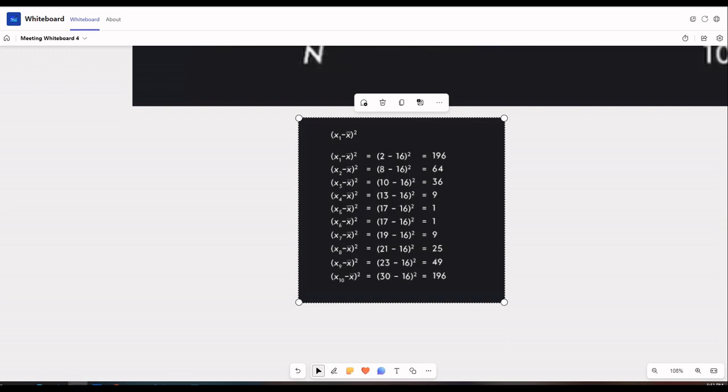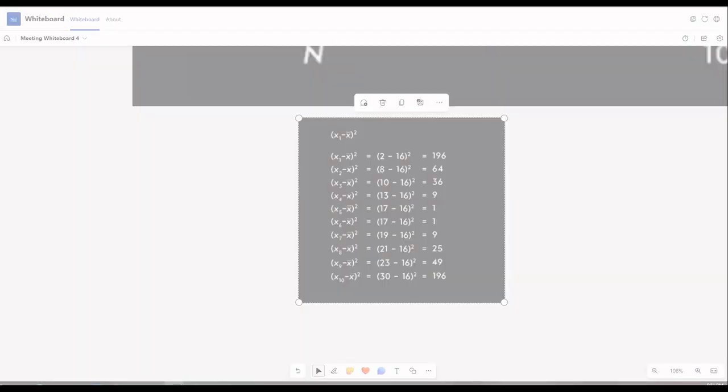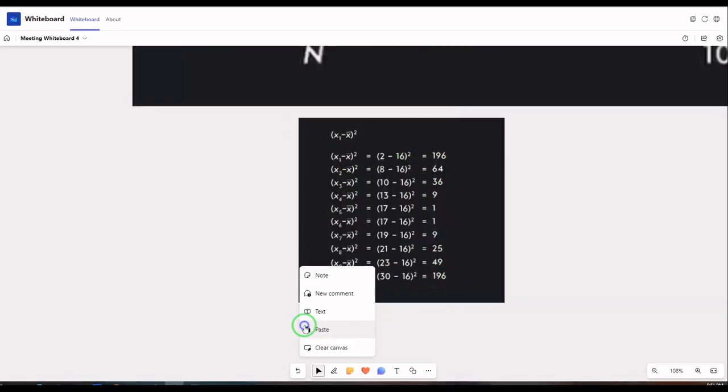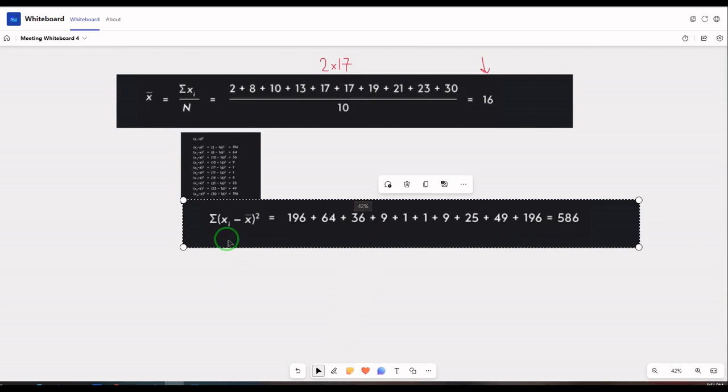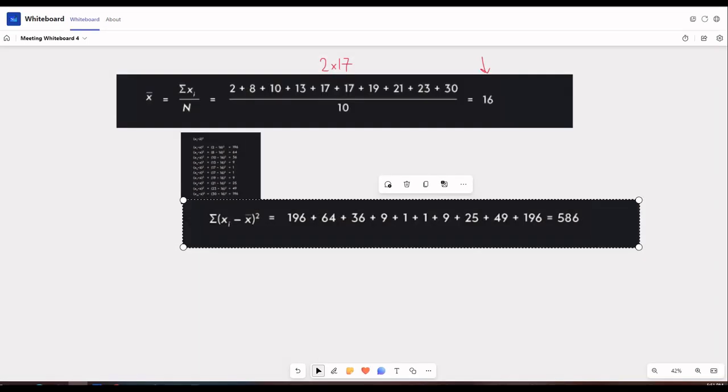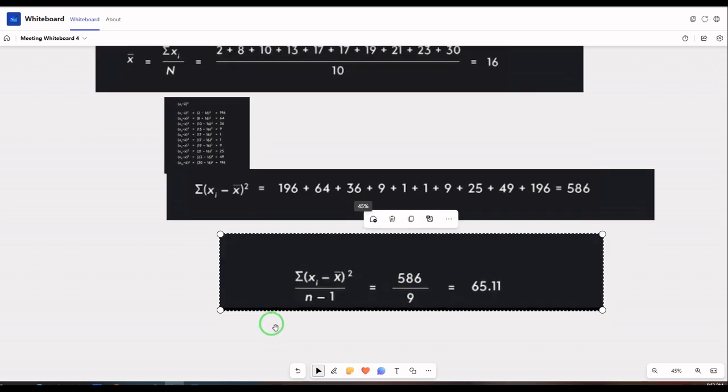The next step for calculating the standard deviation is adding all these numbers together, right? So that's what I did. I added all of these numbers. Okay, that was the next step. Now I have to divide the sum, which is 586, by, yes, n minus 1.